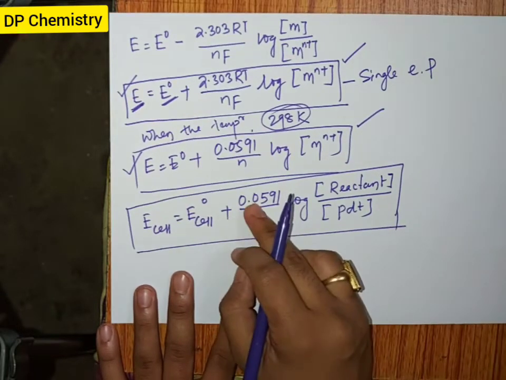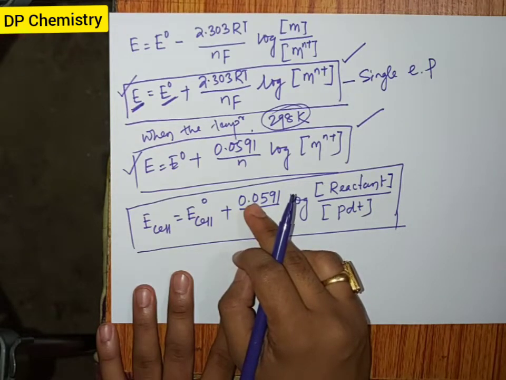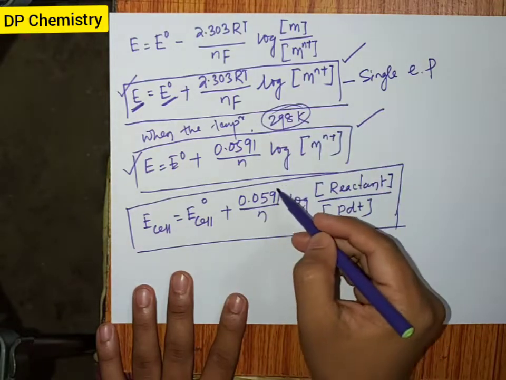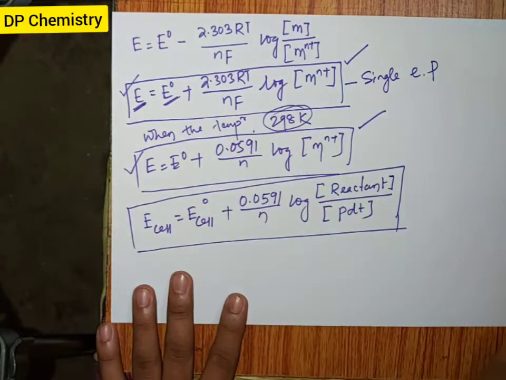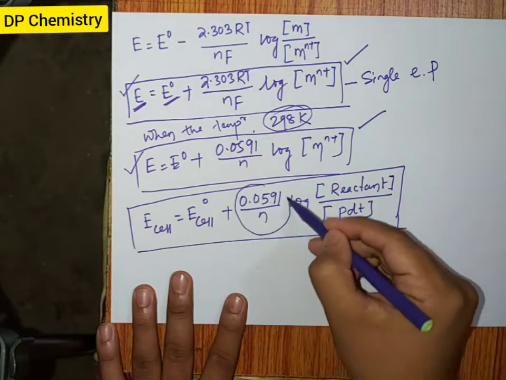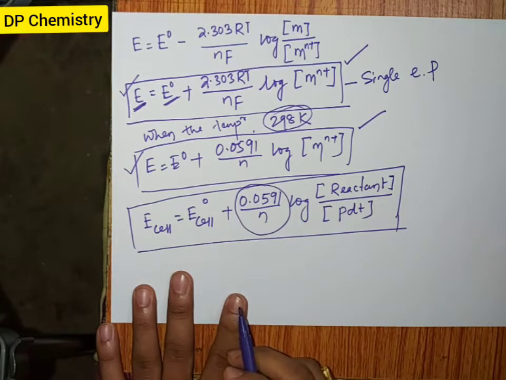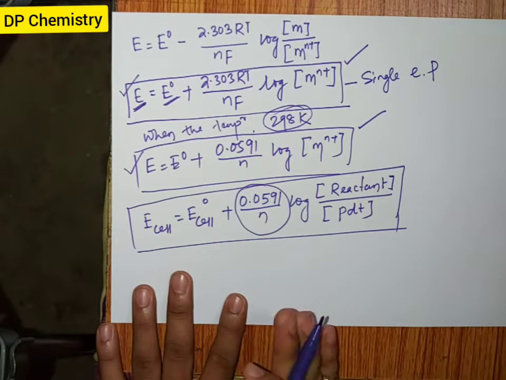In this case I have taken the temperature as 298 Kelvin. If the temperature is not 298 Kelvin, then you have to put 2.303 RT by nF instead of this. Is that clear? I think this must be clear to you.